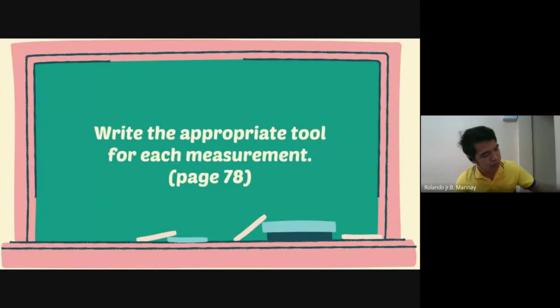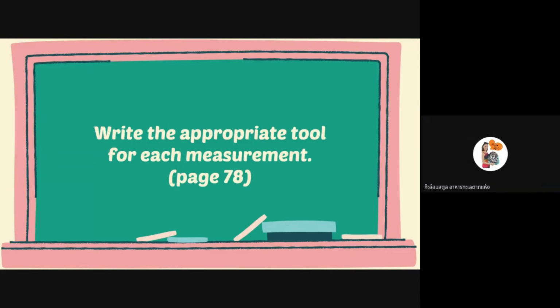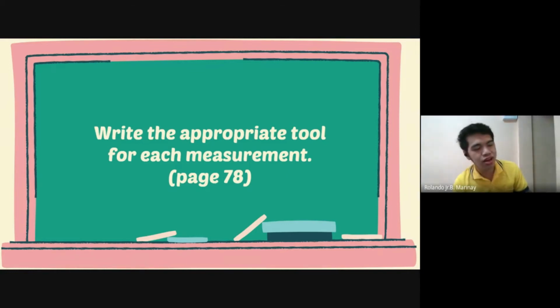Now I want you to open your book to page 78. Here you're going to decide which measuring tool we should use in measuring the following objects. Are you ready?